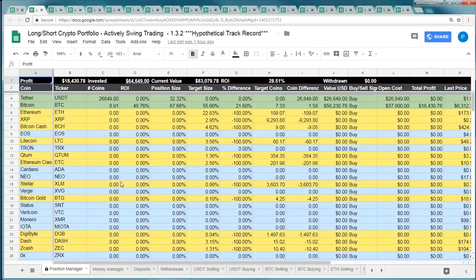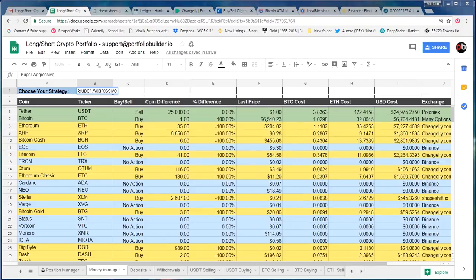In general, I'm a much bigger fan of a long-term outlook on cryptocurrencies with a broad basket of cryptos, and then using the short portfolio, if you're comfortable with it, to mitigate your risk and reduce your volatility, not necessarily to create a big profit. So let's go ahead and start balancing out this portfolio.